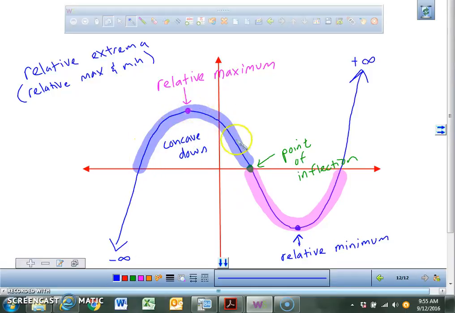This part of the graph is referred to as concave down. So this is concave down. What do you think this is referred to as? Concave up. That's right. Concave up.